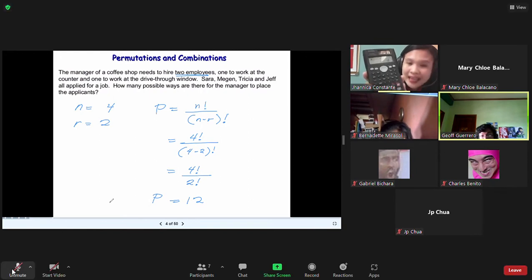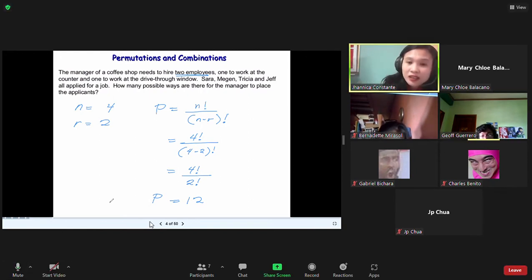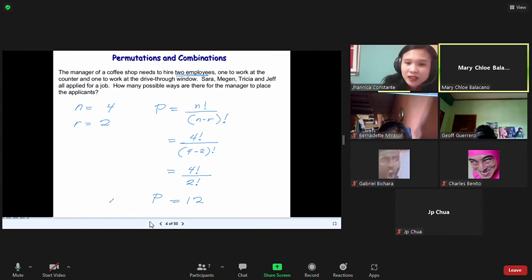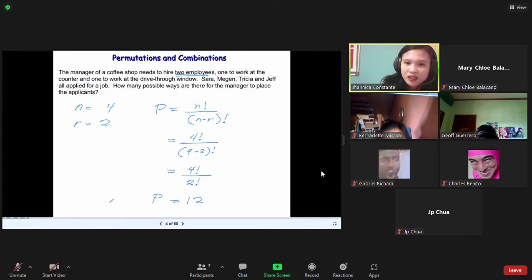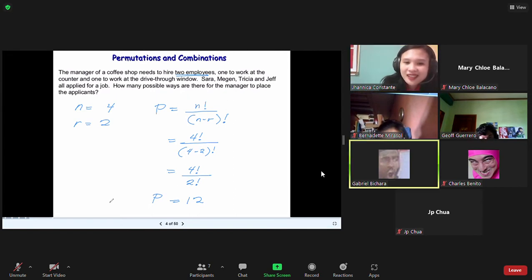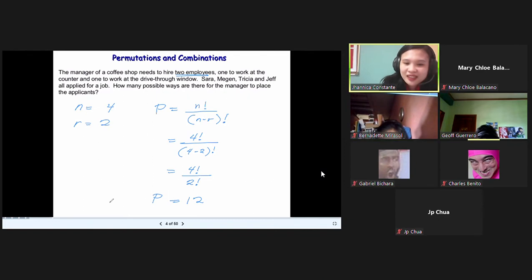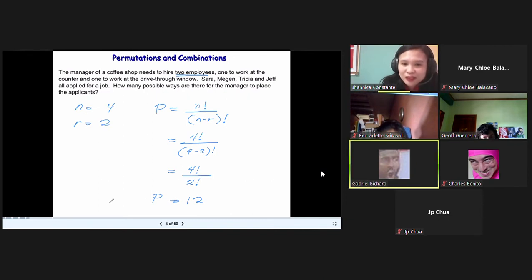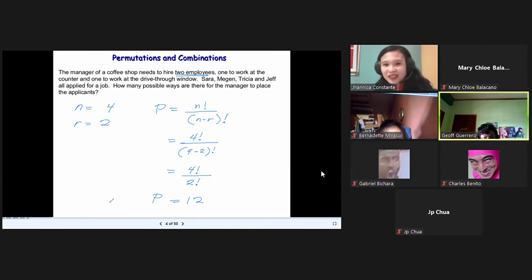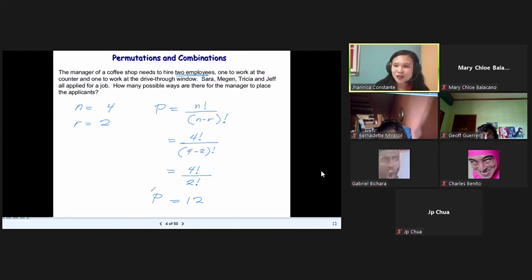Yeah, nPr. Shift, then 2, click the equal sign. Then you have 12. 12 ang lumabas sa'yo, Job? Yes. Okay. So what we have is the permutation, which is equal to 12.